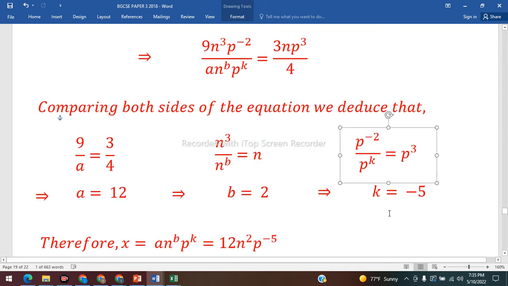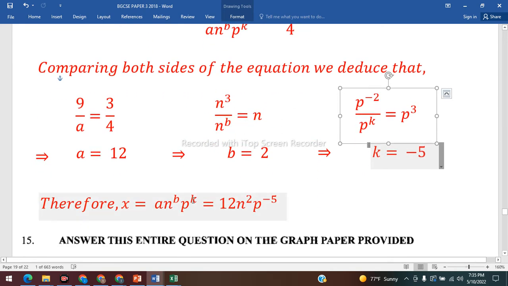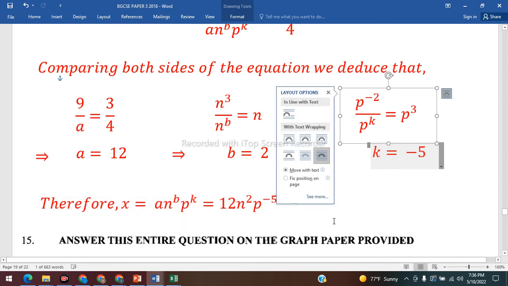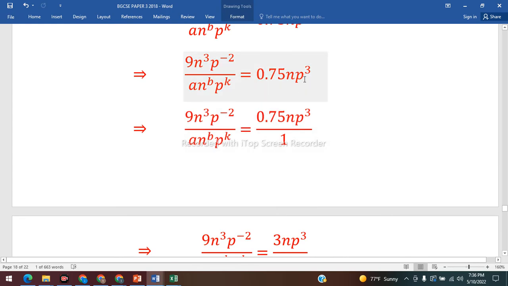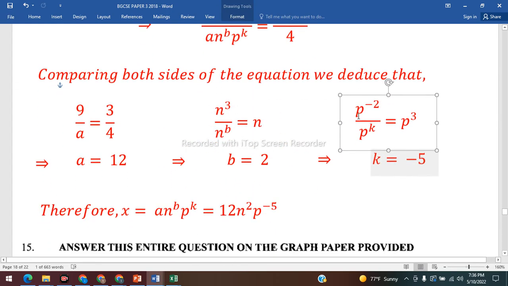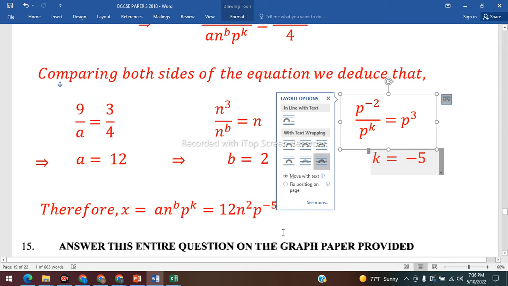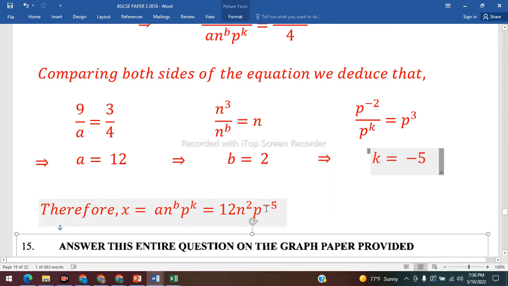So putting it all together, the term I need to use to divide by to get 0.75 n p to the third power, my x needs to be 12 n squared and p to the negative 5.